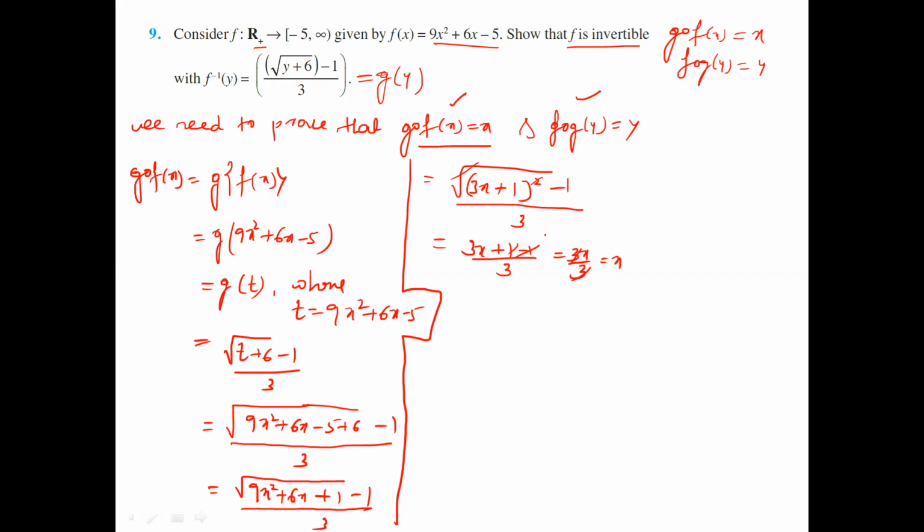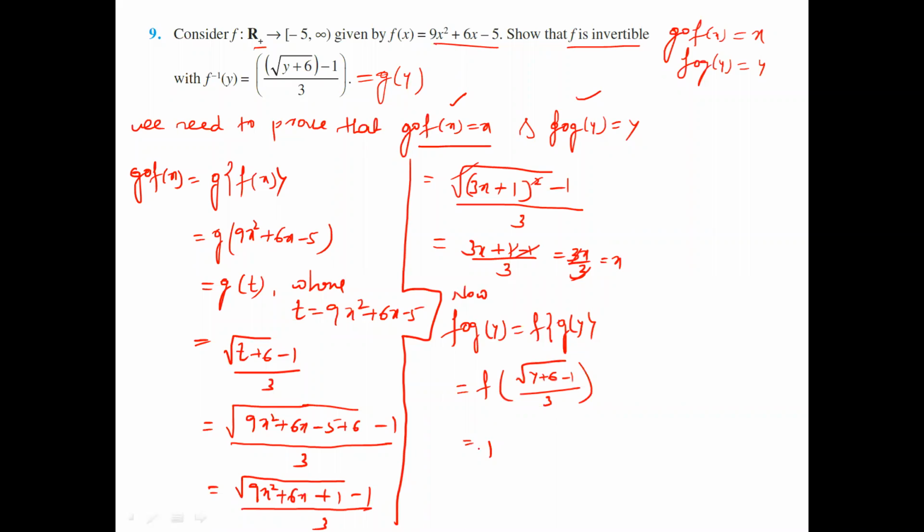Next we have to prove this one: f composition g of y. Now f of g of y. Now you can write here f of g of y. Now what is the g of y value? g of y value is here only: root of y plus 6 minus 1 divided by 3.